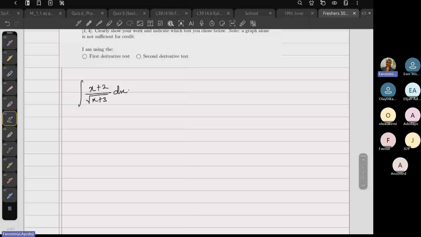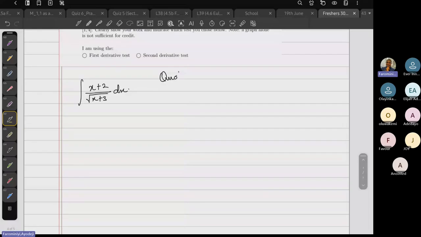Okay, so this is a quotient. This is a fraction, and it is not something that you can split easily. Of course, there isn't always one way to solve integration, but what I would do here is go with u substitution.